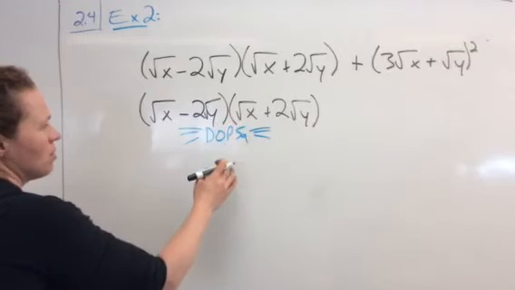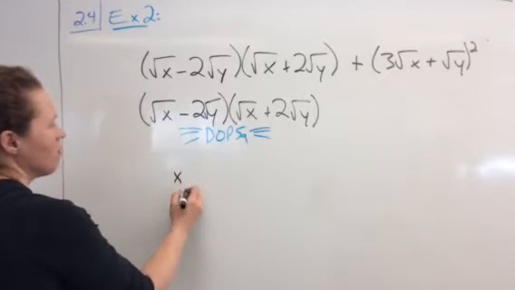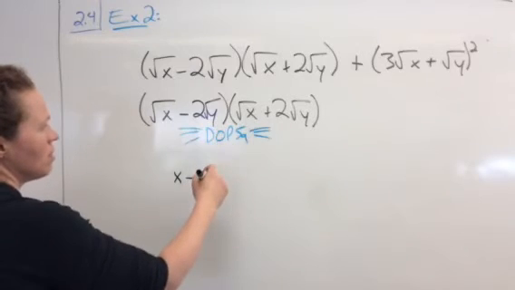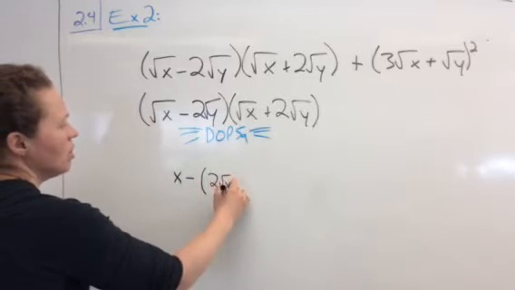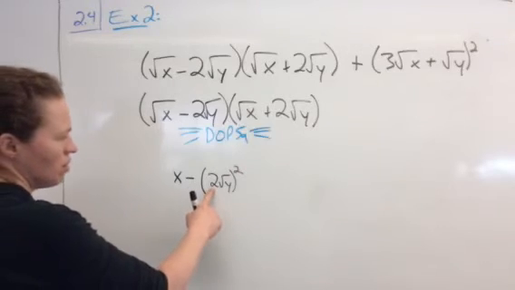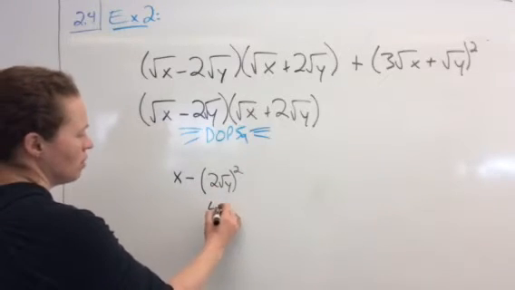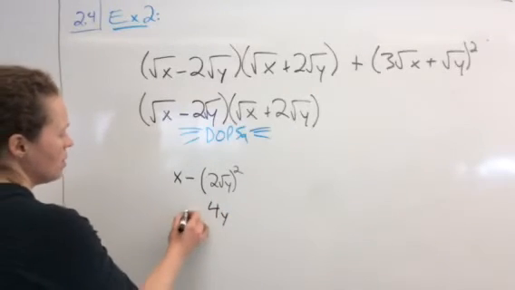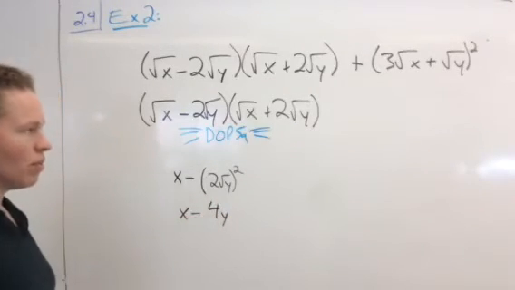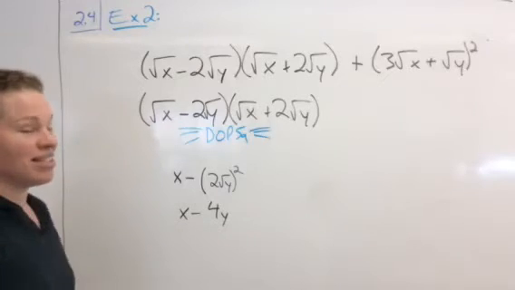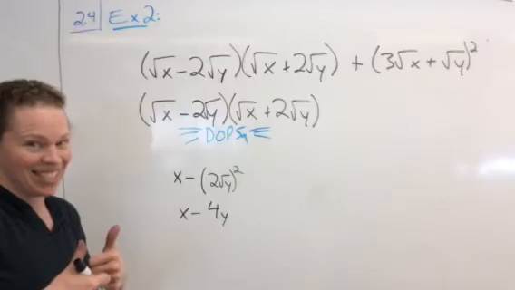Root x times root x is just x. Minus, and then I have to have this 2 root y squared portion, and I just have to go 2 squared is 4, root y squared is y. So this whole thing becomes x minus 4y. It looked ugly, but it actually turns out really neat because difference of perfect squares.